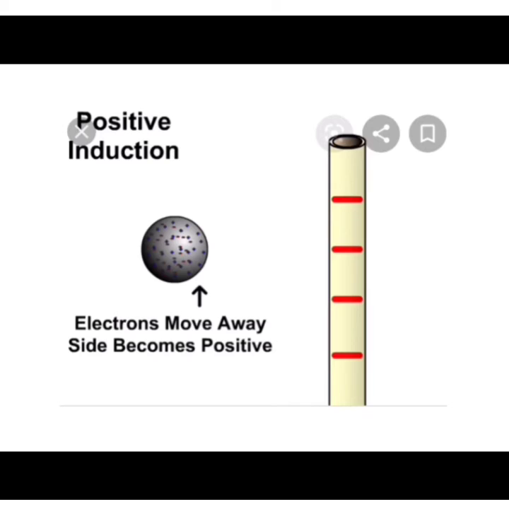As a result, there is an excess of electrons at the nearer end and a deficiency of electrons at the farther end. The nearer end of the uncharged rod becomes negatively charged and the far end is positively charged.